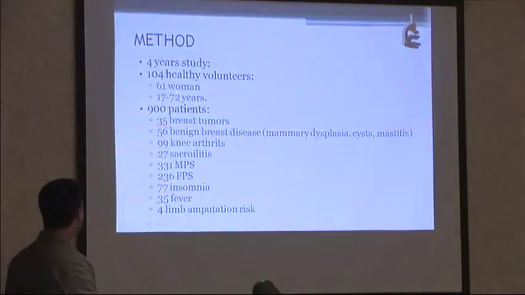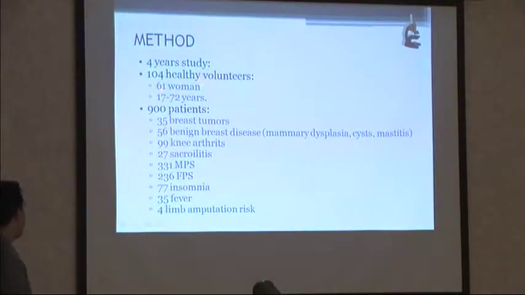So we did a 4-year study with 104 healthy volunteers, 61 women between 17 and 72 years, and 900 patients: 35 breast tumors, 56 benign breast diseases, such as mammary dysplasia, cyst, mastitis, 99 clean arteries, 27 sacroiliitis, 300 myofascial pain syndrome, 236 fibromyalgia patients, 77 insomnia patients, 35 with fever, and 4 with limb amputation risk.